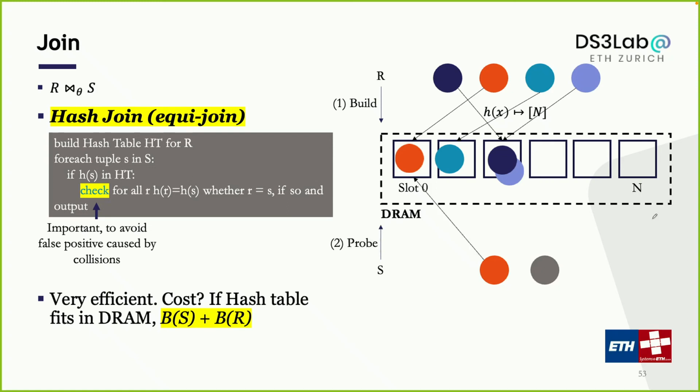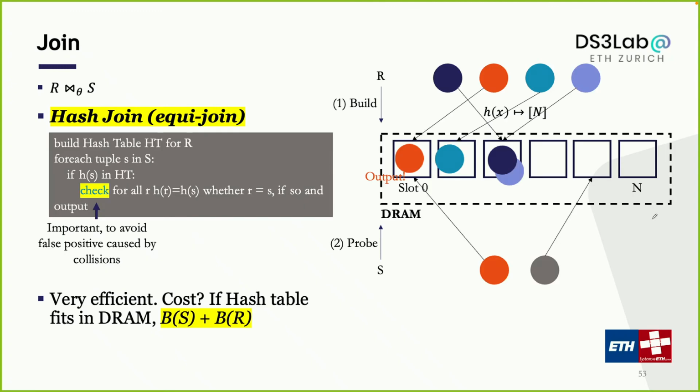For the orange one, you hash it and see whether there's any element in the first slot. If there's something there, you check whether it's really the same value, because it doesn't have to be. There could be multiple objects mapped to the same slot. If that matches, you output something. If it's mapped to an empty slot, then you don't output.